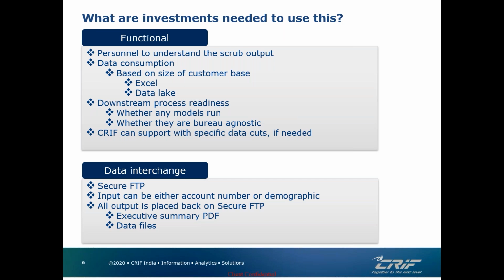That secure FTP essentially allows you to actually upload data of customers that you want to review. If you are actually reviewing your portfolio, you can provide an account number. If you are reviewing people that you have rejected earlier, you need to provide the demographic.